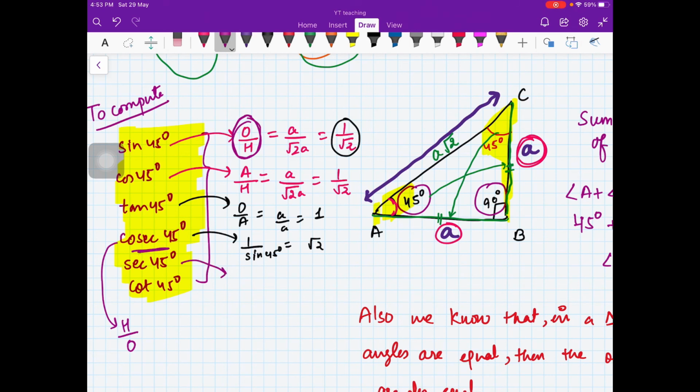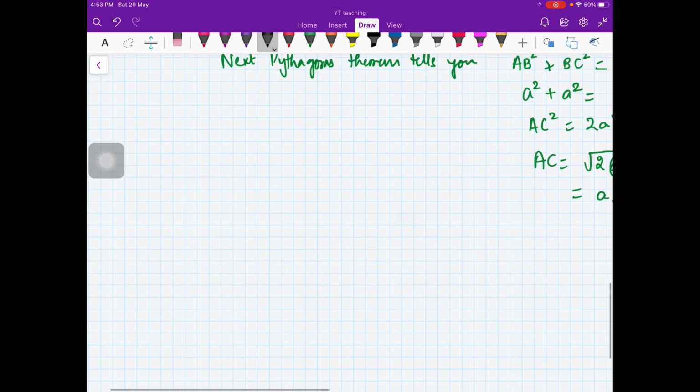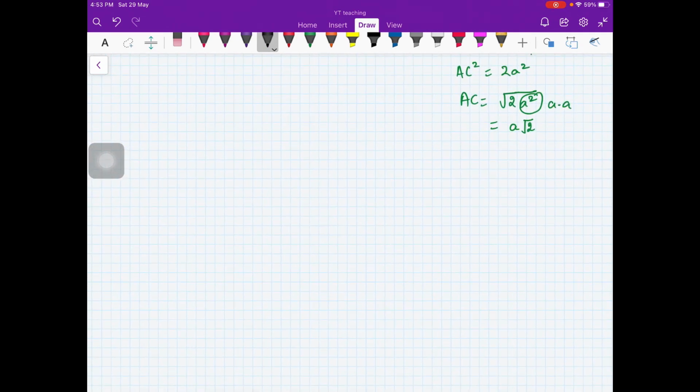Similarly, secant of 45 degrees is 1 upon cos 45 degrees. So this is again root 2. And what is cot of 45 degrees? That is 1 upon tan 45 degrees. So that is 1. Okay, students, now we can just tabulate these values. Here is my angle, and here are my ratios.